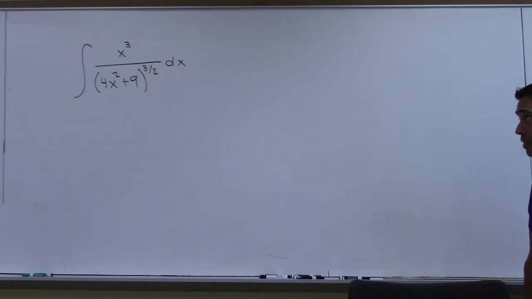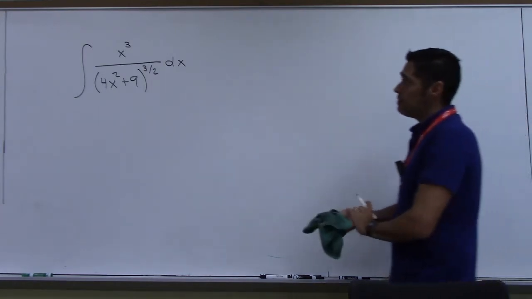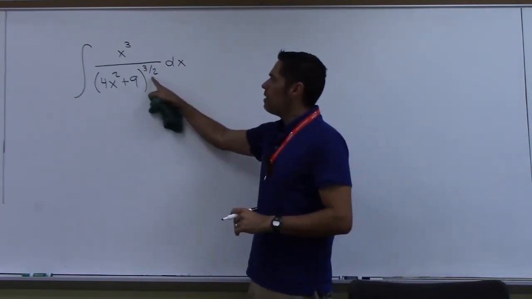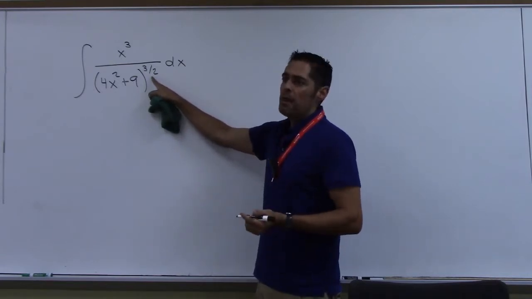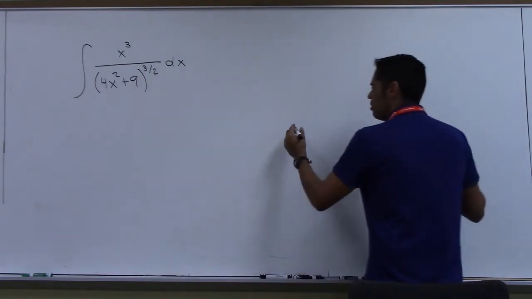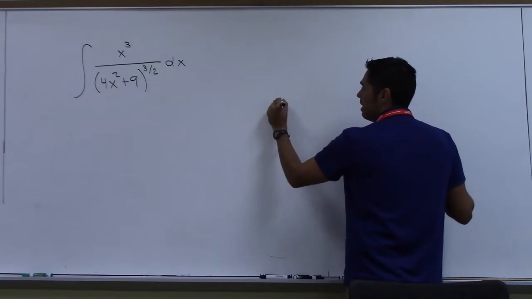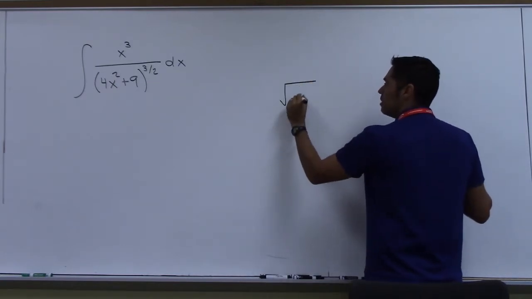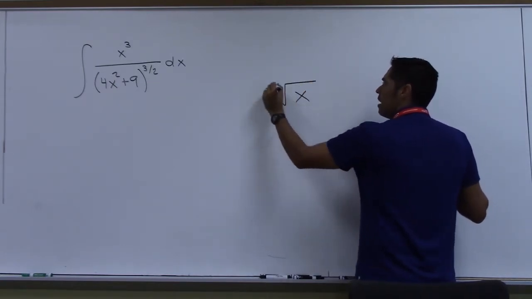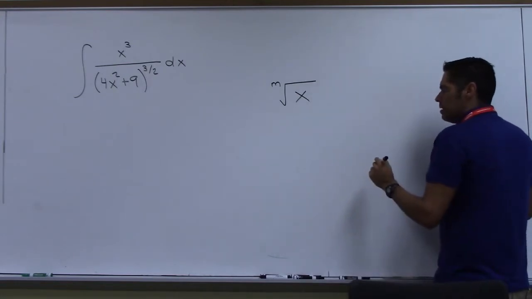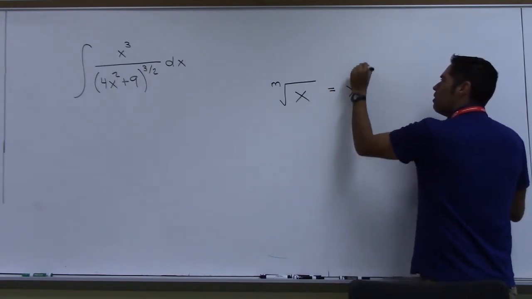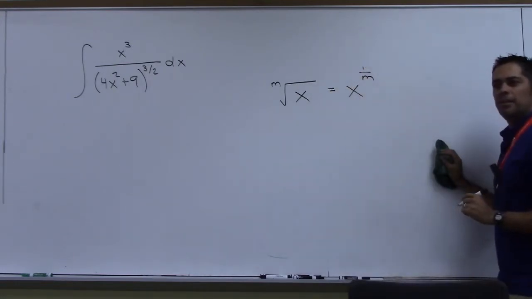All right, but this one does turn out to be trig substitution. The thing is we have to figure out what this 3/2 power means. I'll remind you that back when you were learning about radicals, you were taught that the nth root of x means x to the 1 over n. You remember that, right?